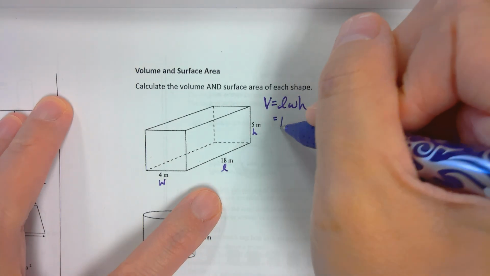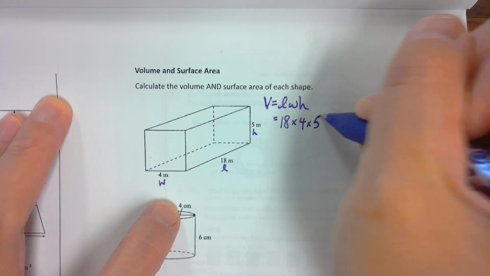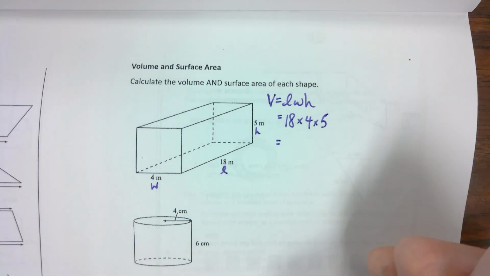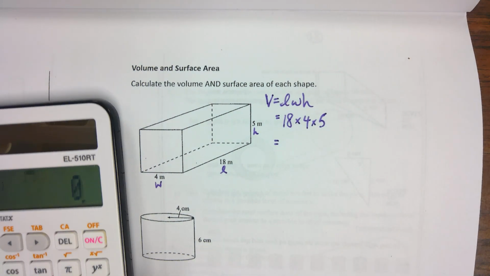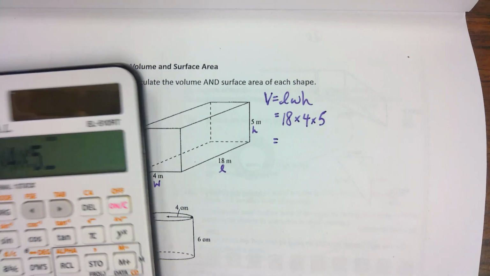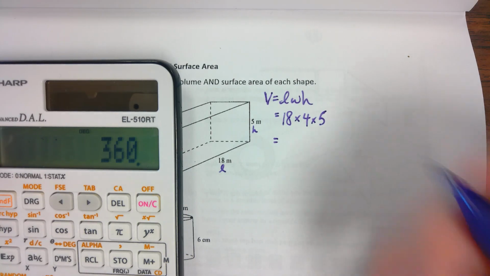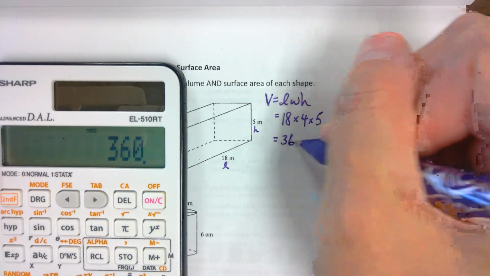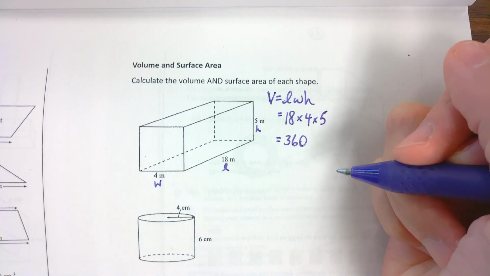So 18 times 4 times 5. Somebody who's good at mental math? Not me, so I took out my calculator. And what do you get, Ethan? 360. Good. And see how that's why it's easy, because you can use your calculator and I give you the formula. So nothing to worry about.